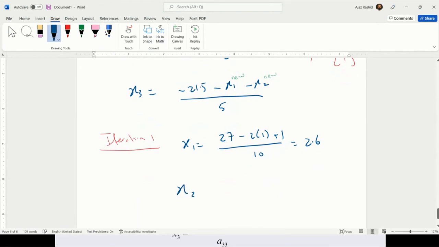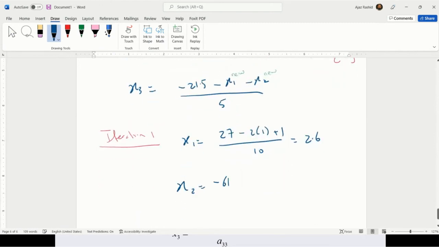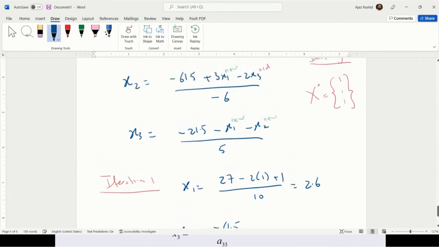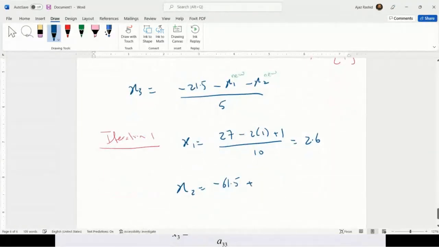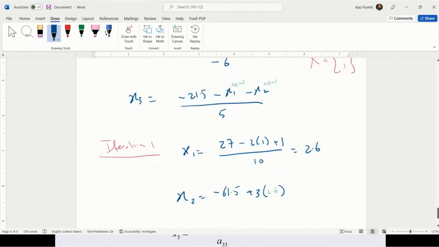Now once we go for x2, we have minus 61.5 and plus 3 times. Now instead of using the old value for x1, we'll use the new value for x1, which is 2.6. Minus 2 times x3 is still the old value divided by minus 6.